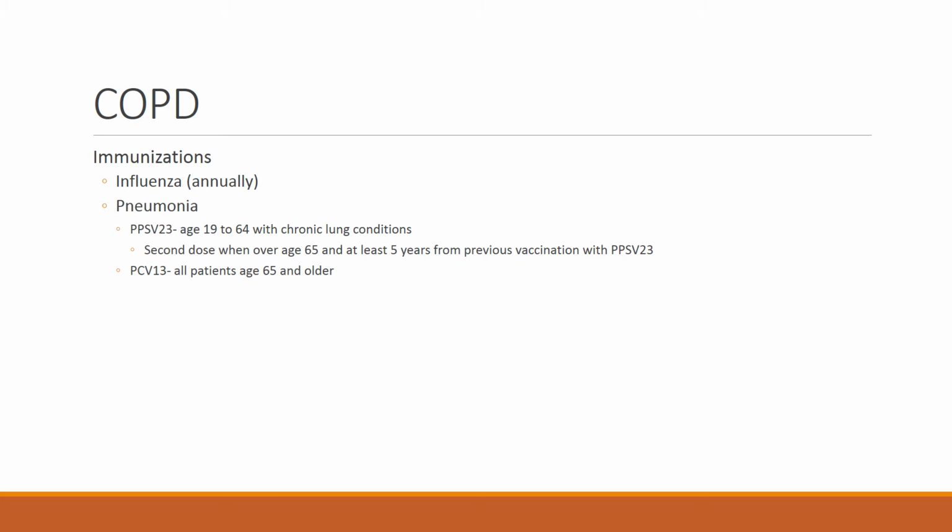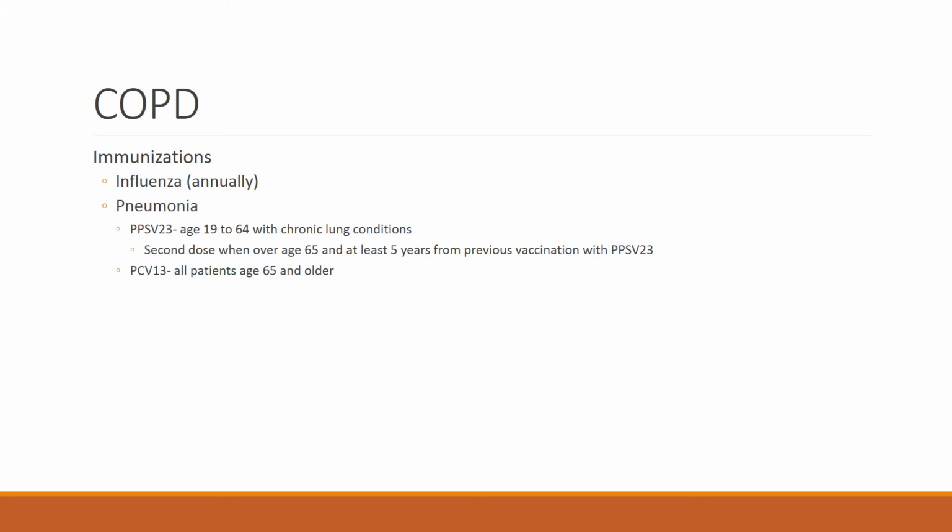As with asthma, COPD patients need that PPSV, that polysaccharide vaccine, the PPSV 23, between the ages of 19 to 64 because they have that chronic lung condition. And it's not true that they should have a PPSV 23 every 5 years. That is not true.